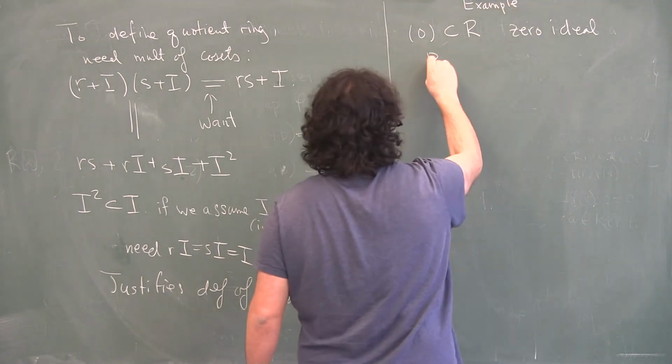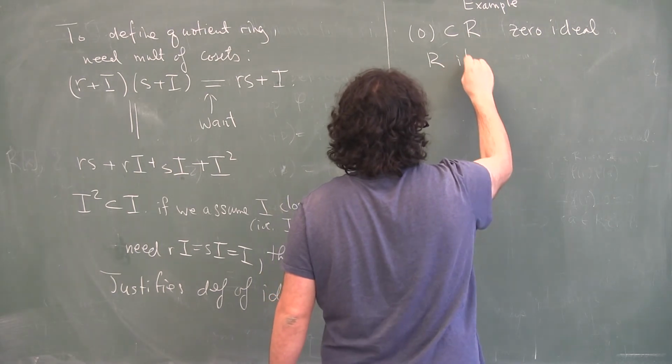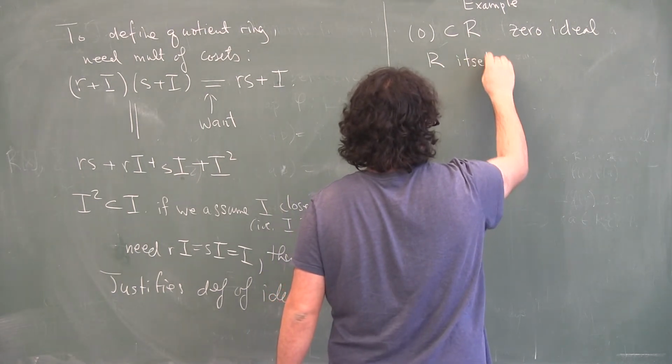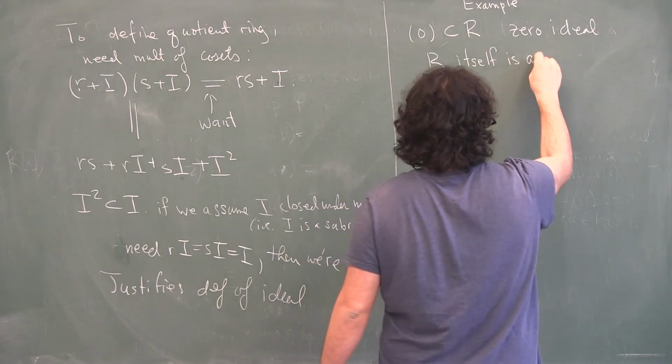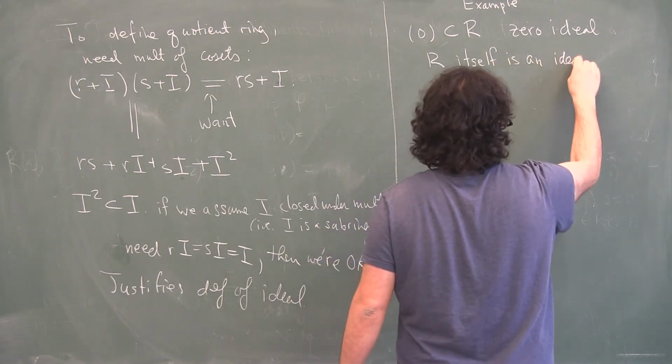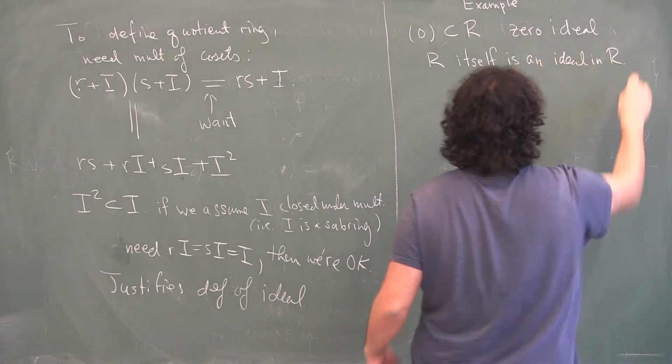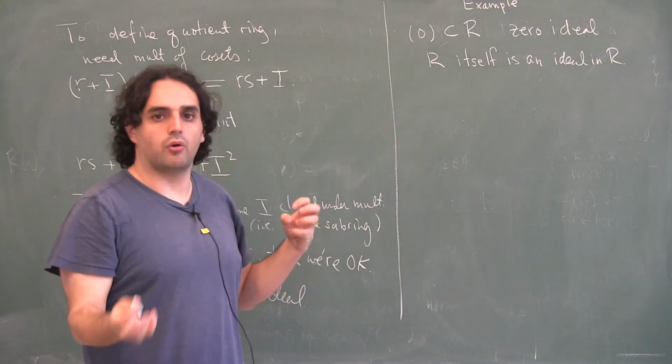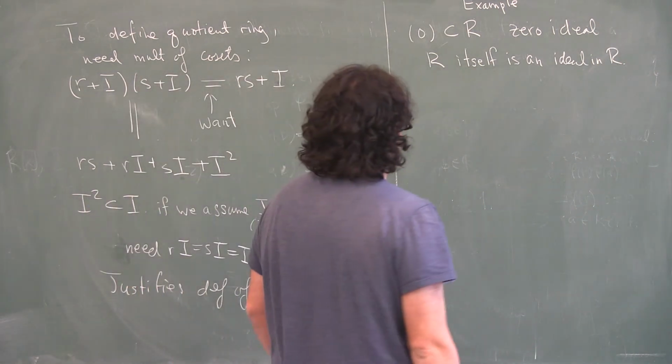And we can also take R itself, which is an ideal in R, corresponding to the whole group itself.